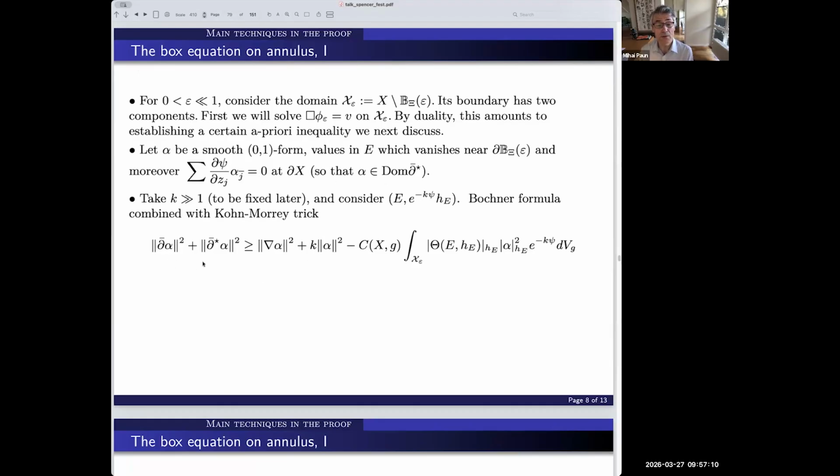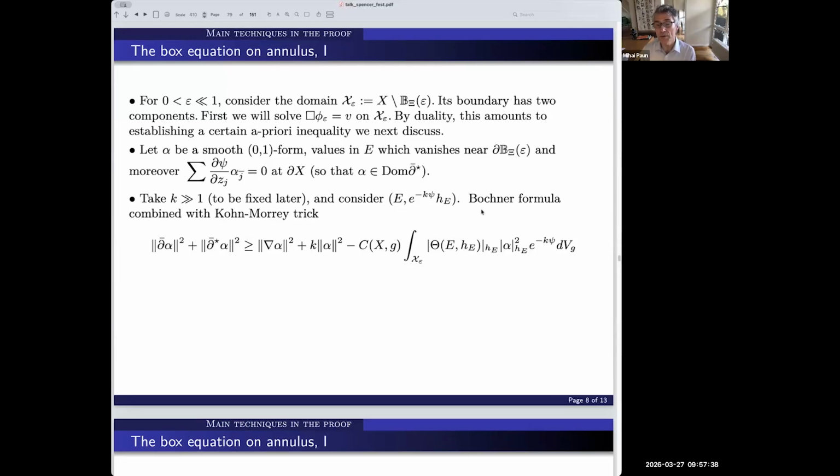And then you'll see that actually this quantity, the dbar alpha and dbar star alpha squared, on the right-hand side has something which is positive, which is the full gradient of alpha squared, and then k times the norm of alpha itself, because that's the reason why we multiplied with this k, to gain this term here.